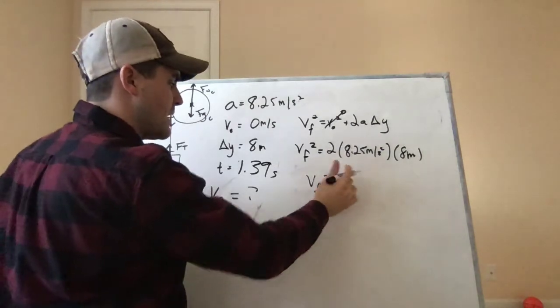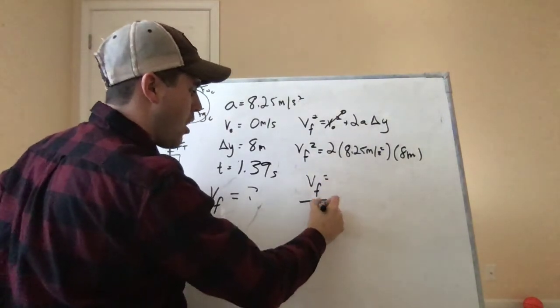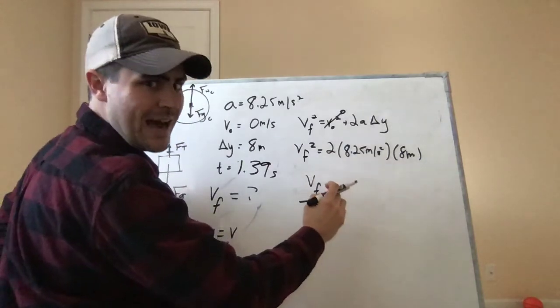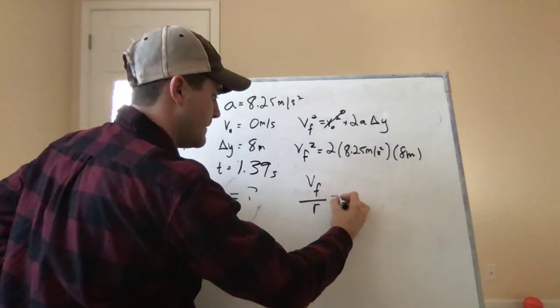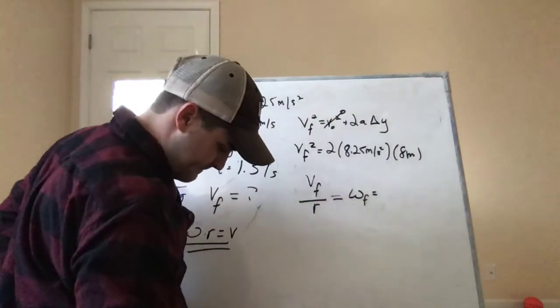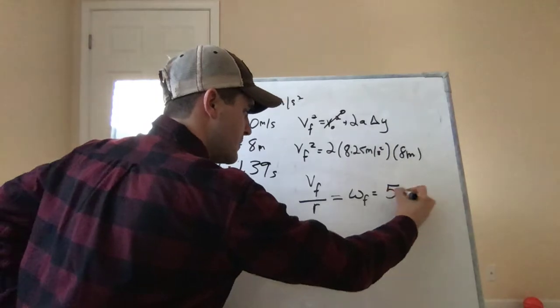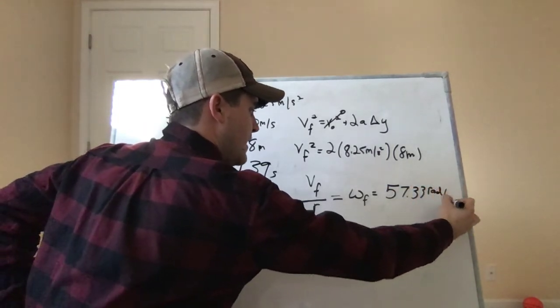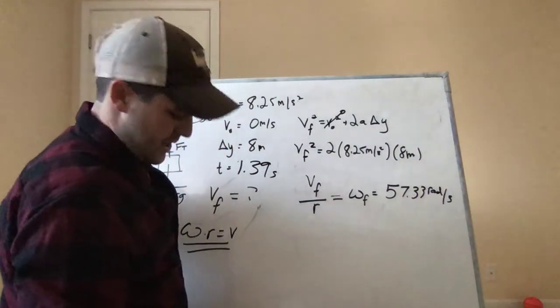What I'm going to end up doing with that value, though, is dividing it by r of my pulley, right? Make sure it's the radius of the pulley, the object rotating, and that will give me omega. Omega ends up being 57.33, not meters, we're talking angles, radians per second.